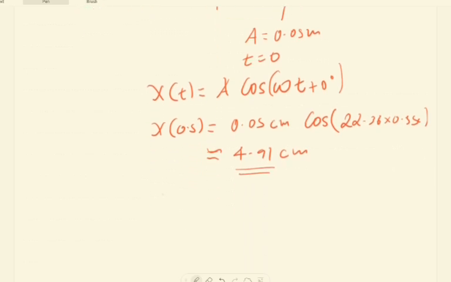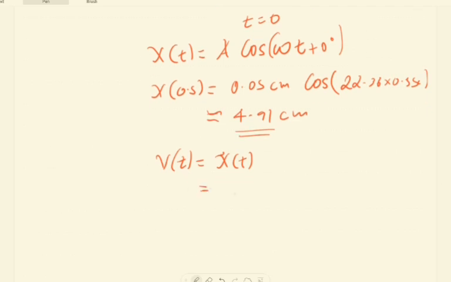To do that, the velocity should be expressed as a time varying function. We have seen that the velocity at any time t is the derivative of the position as a function of t. Differentiating the cosine, we get minus A omega sine of omega t.